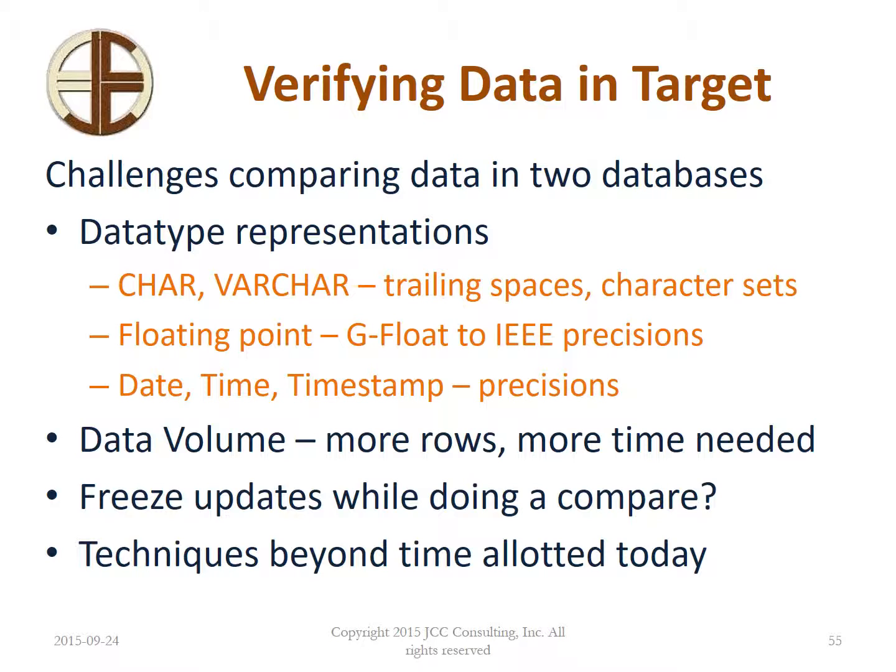If you have only a few records, then doing the comparison is easy. If you have millions of rows that you're replicating, then it takes more time to do the comparison. One of the questions is, can you freeze the updates while you're doing a compare, or do you have to do the compare as you're continuing to update the target database?